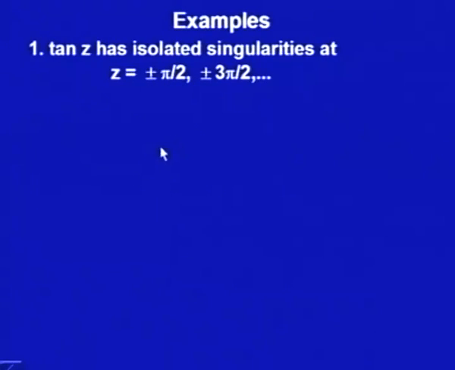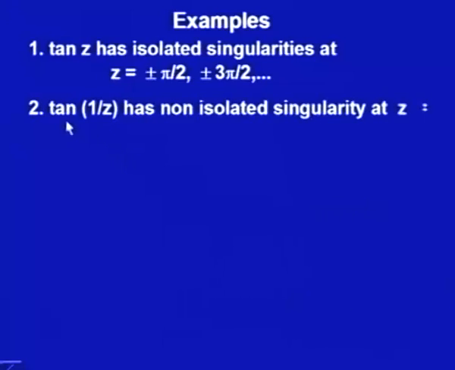Let us take one more example, tan(1/z). This has a non-isolated singularity at z equal to 0. That means at z equal to 0 it is singular, and in its neighborhood also we find other singular points, since tan z has singularities at (2n plus 1) pi by 2.